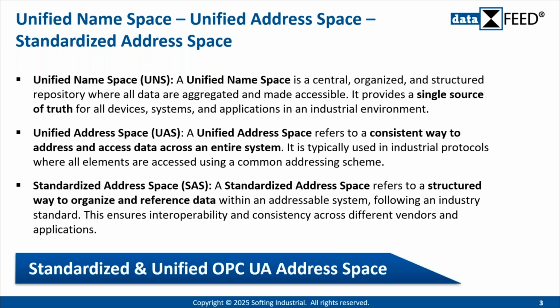It is also found in the area of industrial standards. This helps to have easy interoperability and consistency across different vendors and applications. I personally like all three topics, and I will show you later on how you can combine everything together.